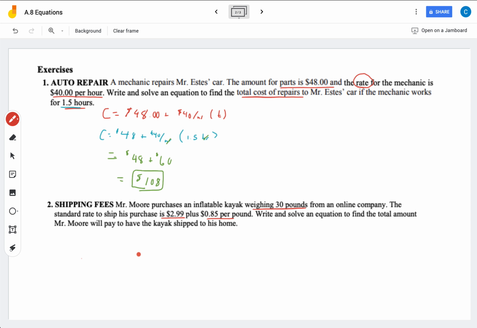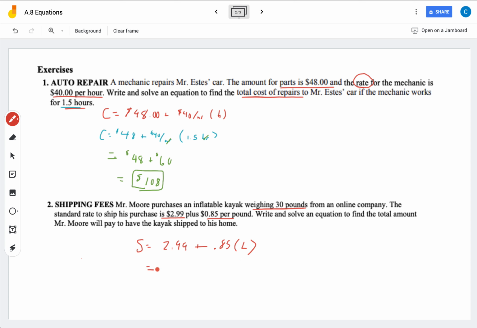So what we have is shipping cost, I'll label it S, equals the flat fee, $2.99, plus his rate, 0.85, times the pounds. So we'll put L for LBS, pounds.